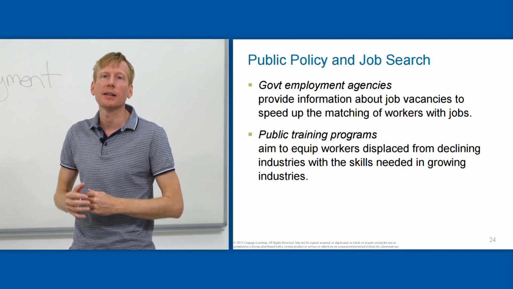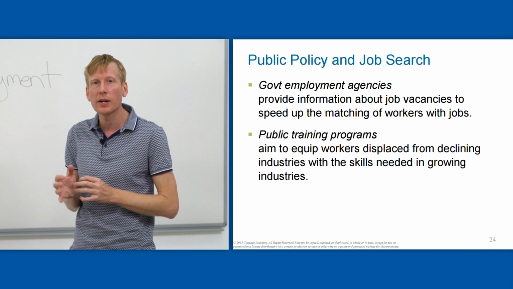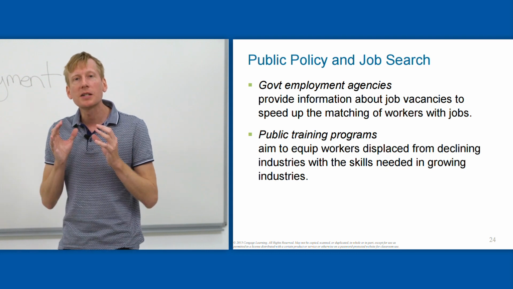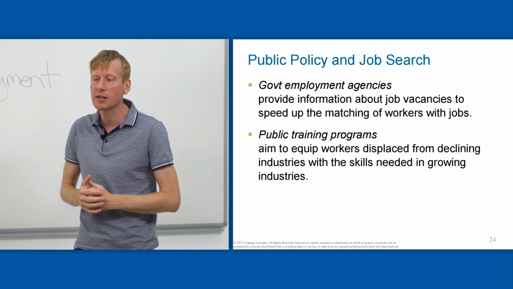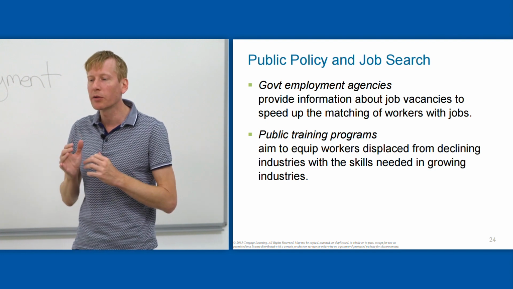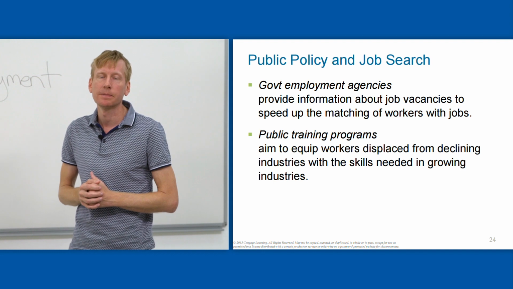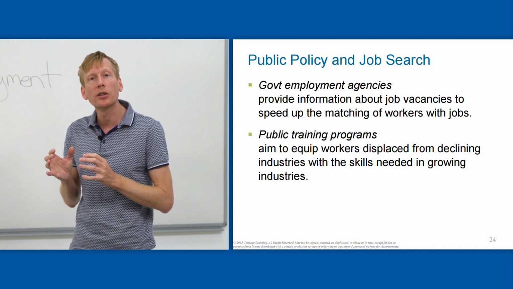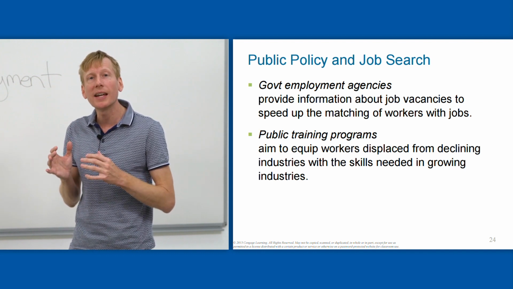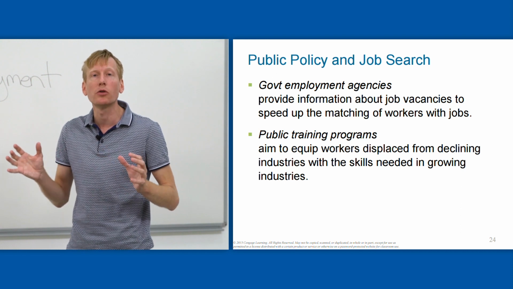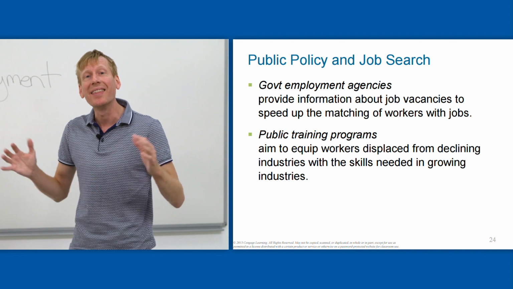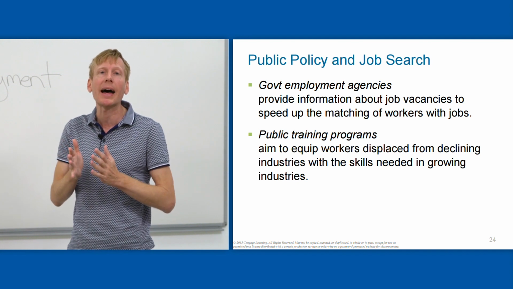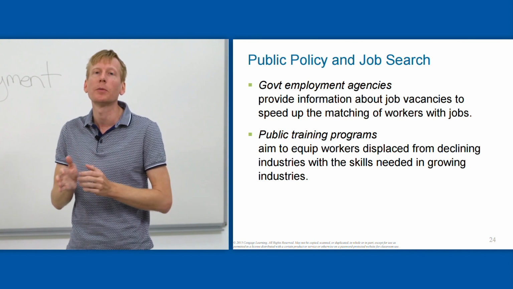Some of these public policies that governments can use to address the problem of unemployment specifically attempt to address job search. One of those is through a government employment agency. These are particularly common in Europe, where government employment agencies gather information about jobs, they gather information about unemployed workers, and they attempt to facilitate matches by spreading this information.